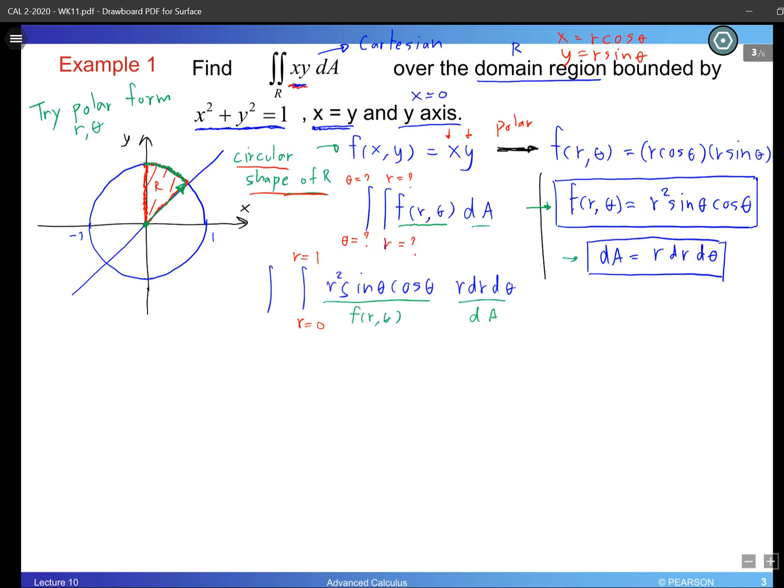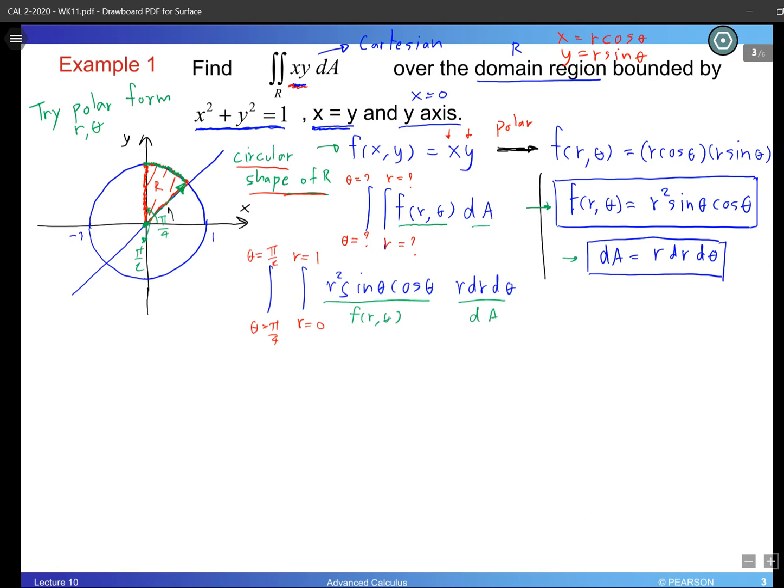Since we are looking at this line x equal to y, we know this is going to be equal to 45 degrees, which is pi over 4. So the starting point of the angle is going to be pi over 4. It ends at the y-axis, so going all the way through, it's going to be pi over 2. The last angle of this sweeping is going to be theta equal to pi over 2.